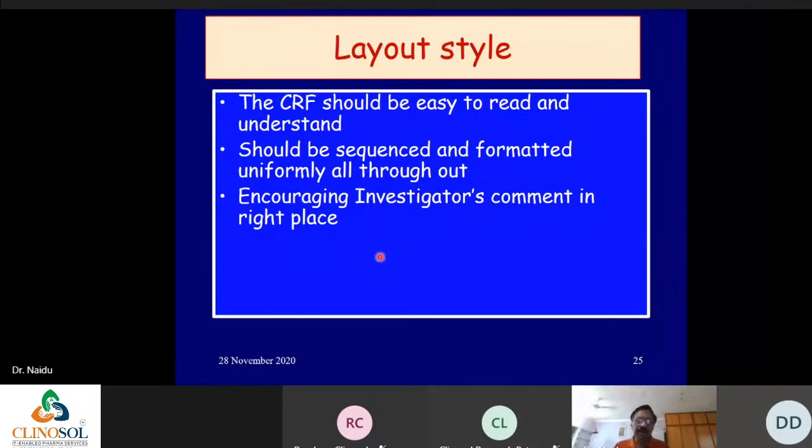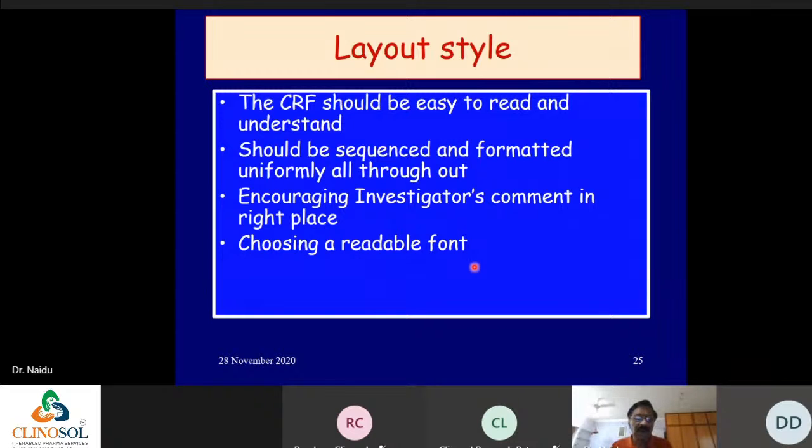There should be a clear specified area mentioning investigator remark, so I can put my remark, such as such and such happened, or the volunteer was not able to answer something. There should be a remark column available on the case record form in a particular place.